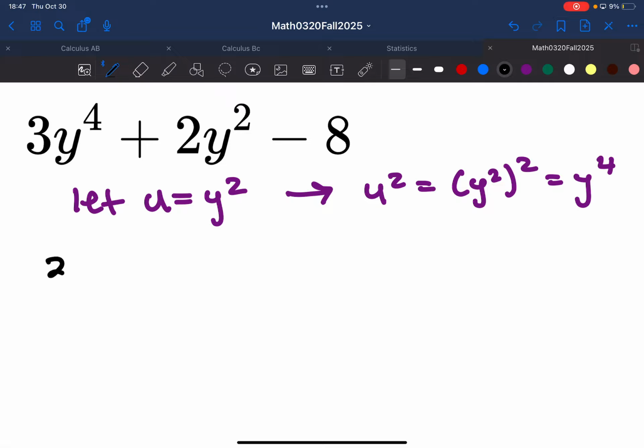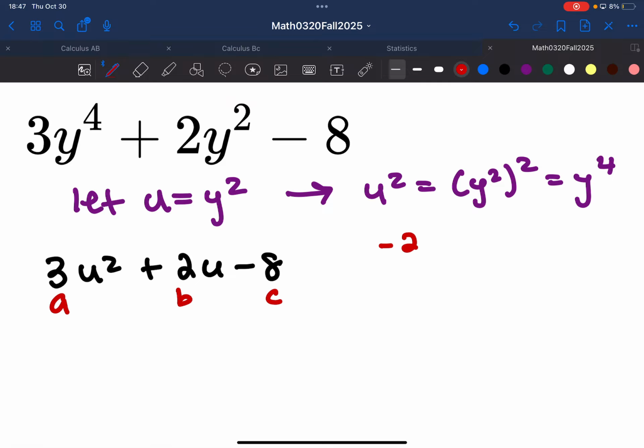I have 3u squared plus 2u minus 8. And then I solve like normal. So this is my a, b, and c. And what is a times c? Negative 24. And my b value? 2. So I'm going to write all the terms that multiply to 24.